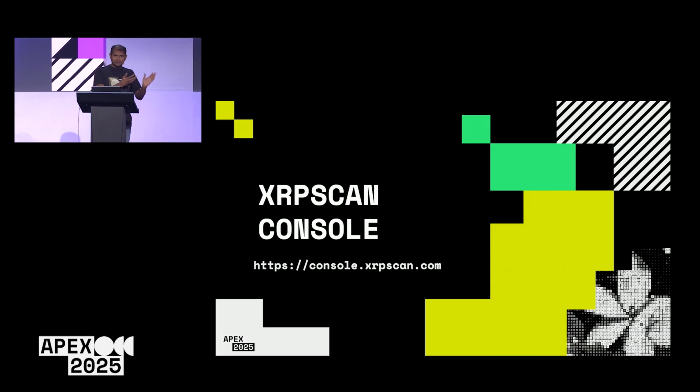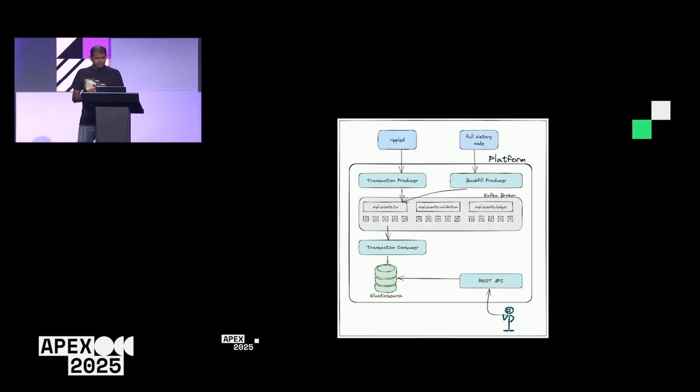One of the tools that we built at XRPScan is the console. Using the console, it's possible to search and look at the anomalies. But first, take a look at the architecture. The Search Console platform is based on a Kafka cluster. It's like a stream wherein you can put in transactions, ledgers, and validations programmatically, and index them.